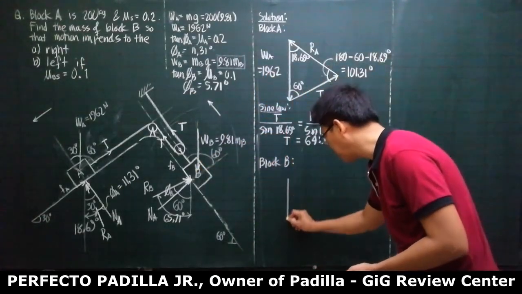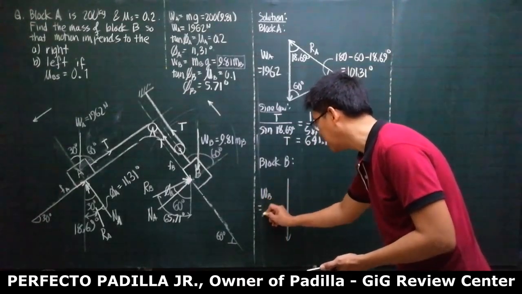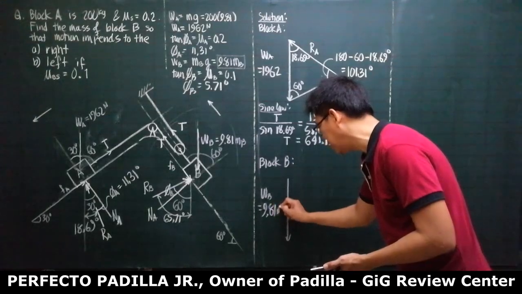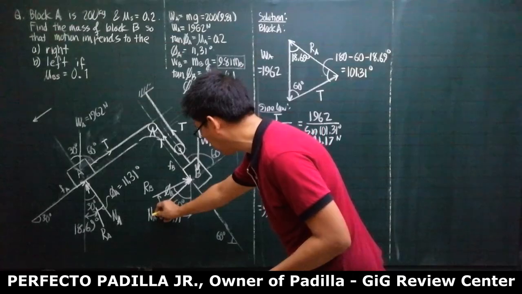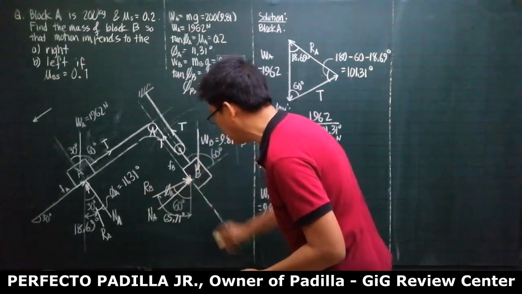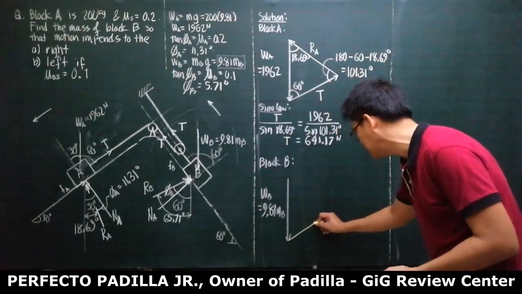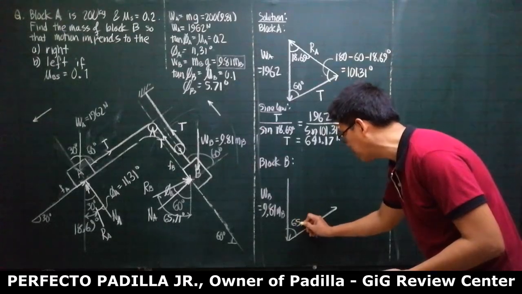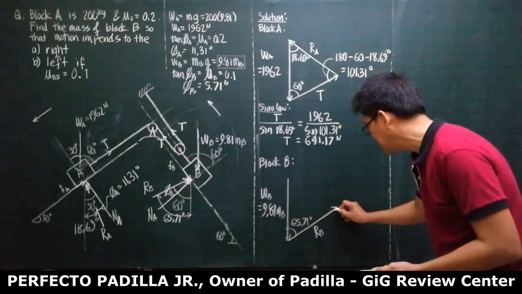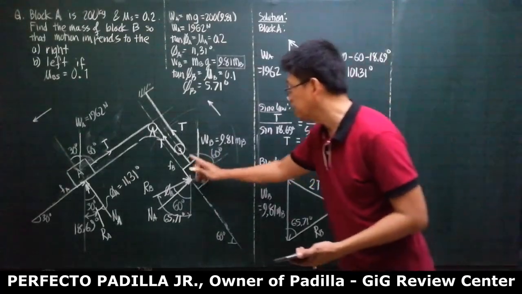Now moving to block B, taking the FBD of this, starting with WB. So this is our WB, and WB is 9.81 MB. MB is a known. At the tip of this, we connect our RB. Our RB makes an angle of 65.71 degrees with the vertical. And at the tip of this, we connect our 2T.